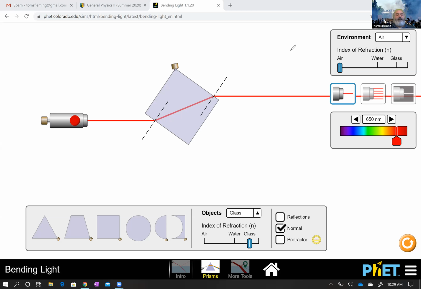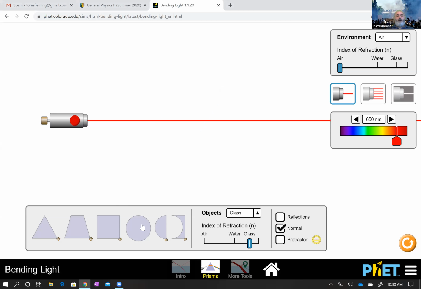But wait, what if I change the shape of my piece of glass? Here is a curvy piece of glass. If I strike this curvy piece of glass directly here in the middle, we do have to deal with how to find the normal for a curve.